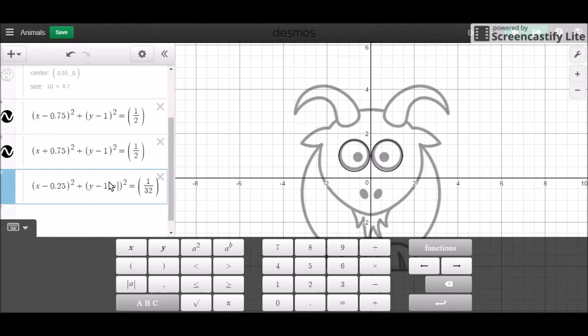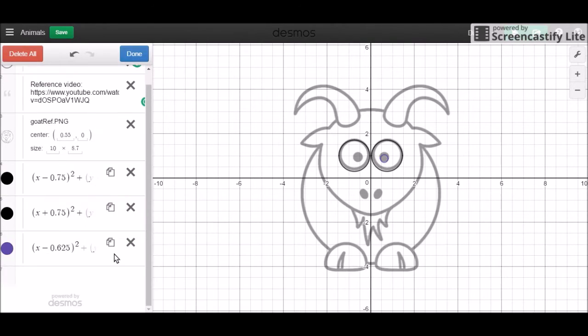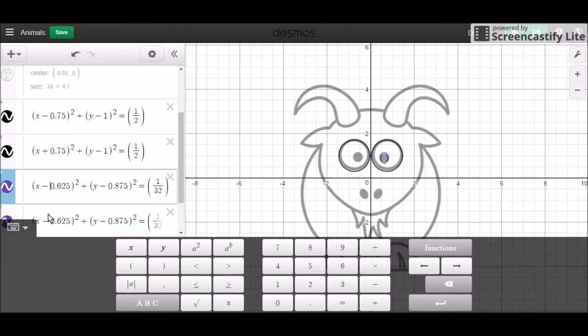As for the height, not entirely at one. Okay, can work with that.